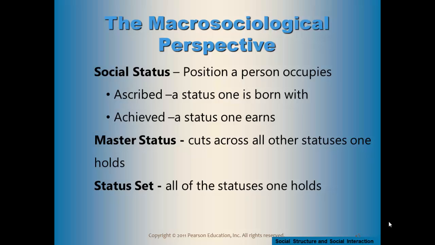Now, we have many different social statuses, and this is the interesting thing about this, depending upon who we are and what we do. And so a master status is a social status that cuts across all the other statuses you hold.